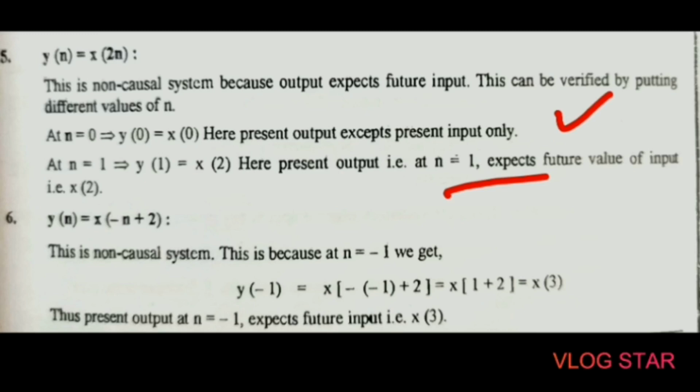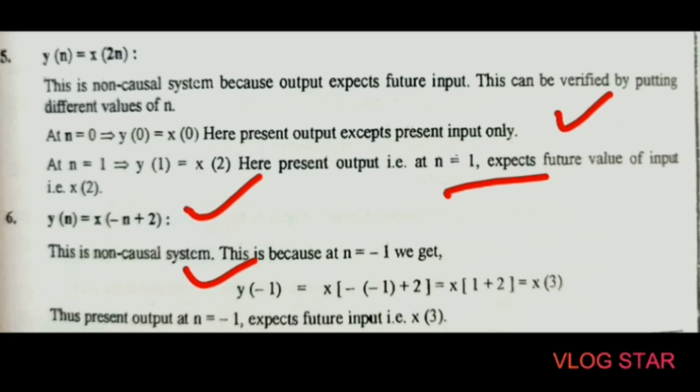Next example, y of n is equal to x of minus n plus 2. Here the value of n is equal to minus 1. So we get y of minus 1 is equal to x of minus of minus 1 plus 2.